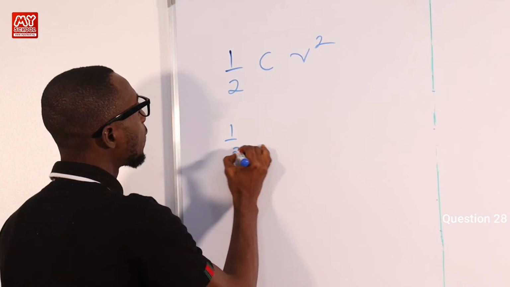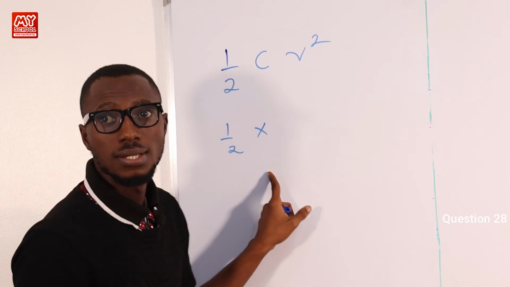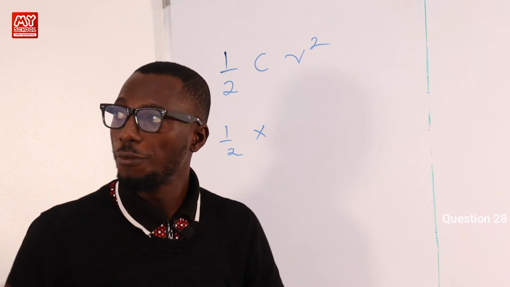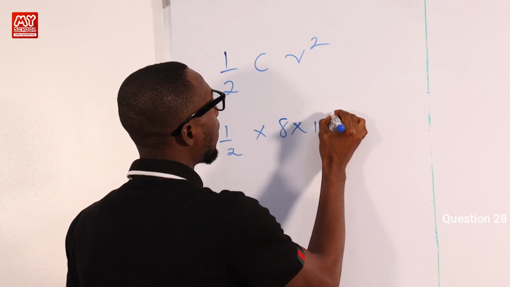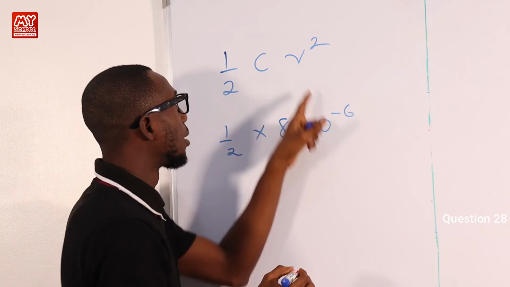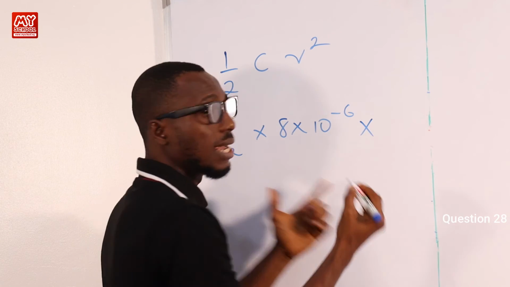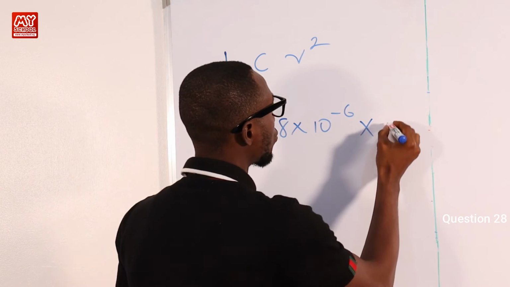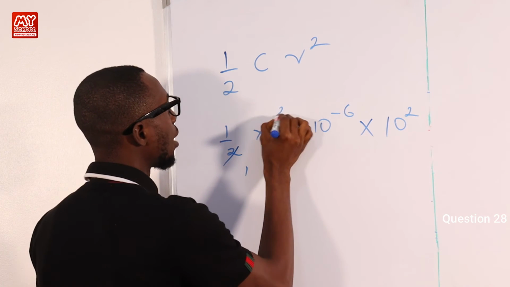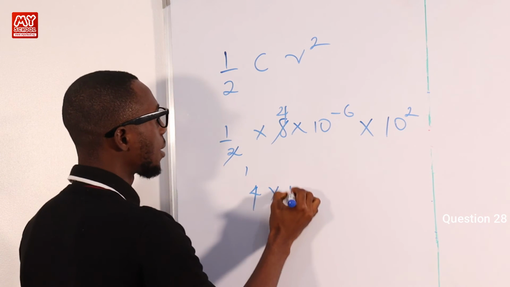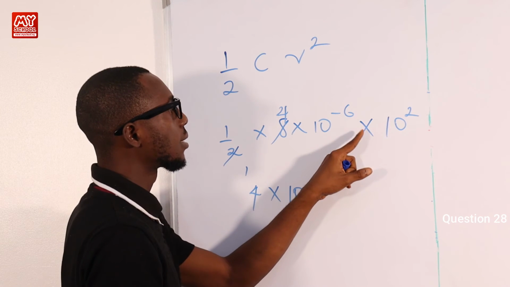That will be half times the C, which is 8 microfarad from the question, as 8 times 10 raised to power minus 6, then times the V, which is 10, voltage is 10 raised to power 2. Very well, so we have 2 here, 1, 2 here, 4, so we have 4 times 10 raised to power minus 6.